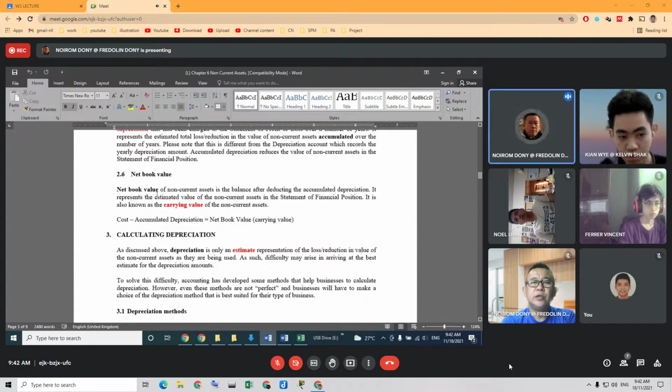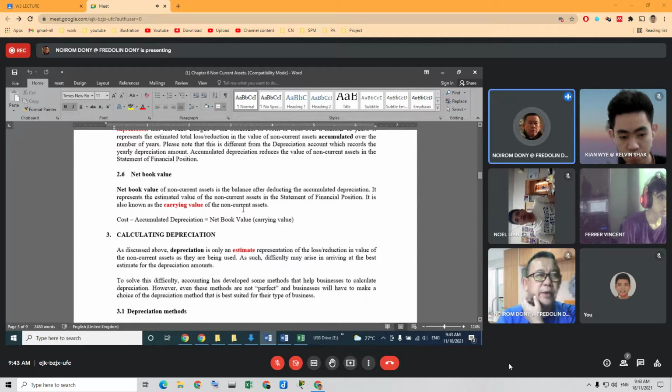So it represents the estimated value of the non-current asset in the statement of financial position. It is also known as the carrying value of the non-current asset. This is the definition; this is the formula: cost less accumulated depreciation. So this is net book value, the carrying value of the non-current asset.